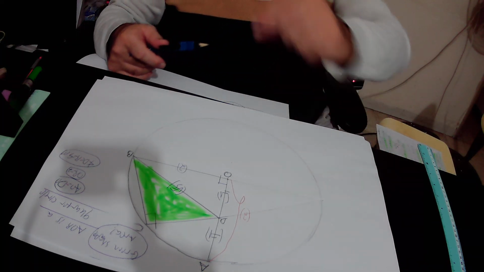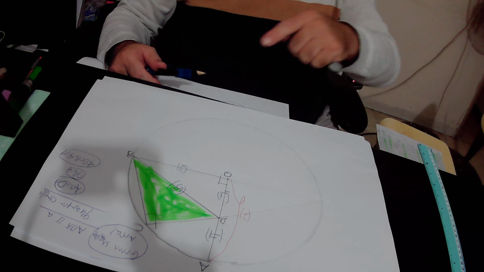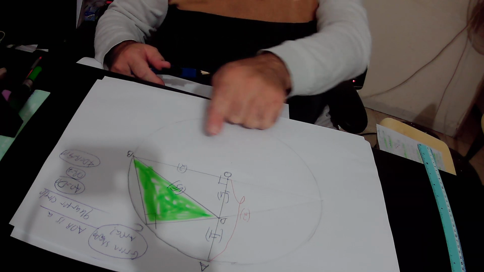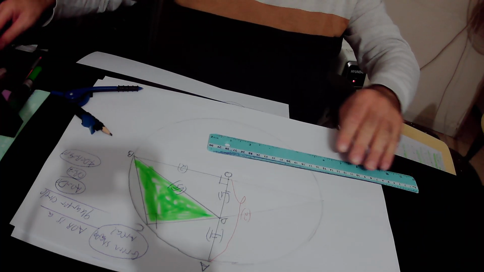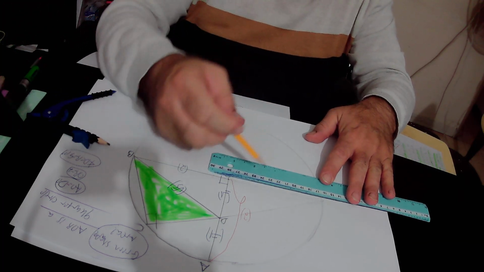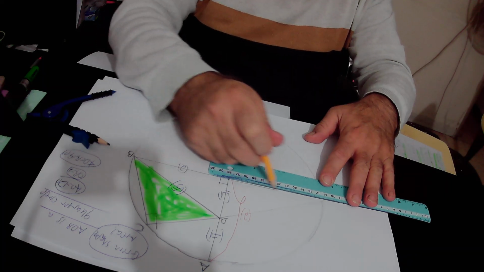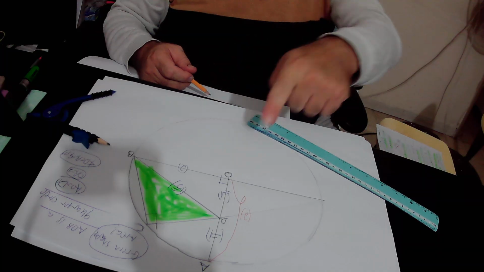We have completed the quarter circle to a circle, and we will extend the radius BO until it touches the circle. And we will define the touching point of the external radius BO with this circle.